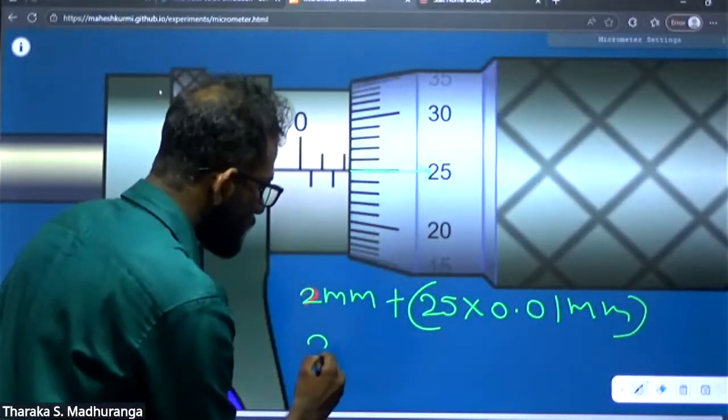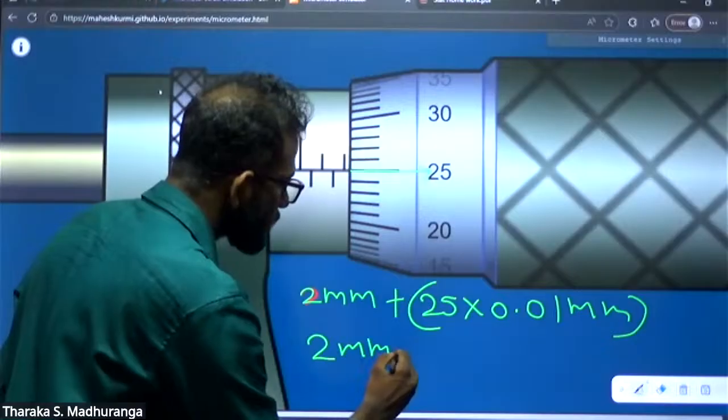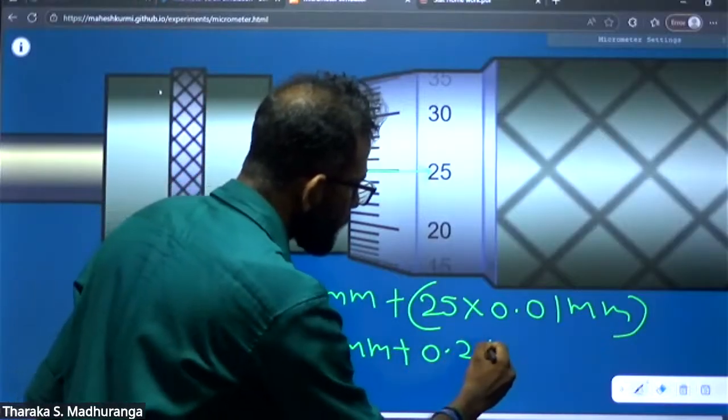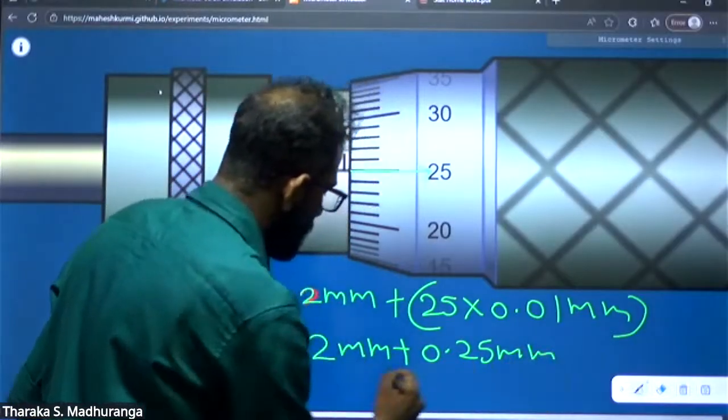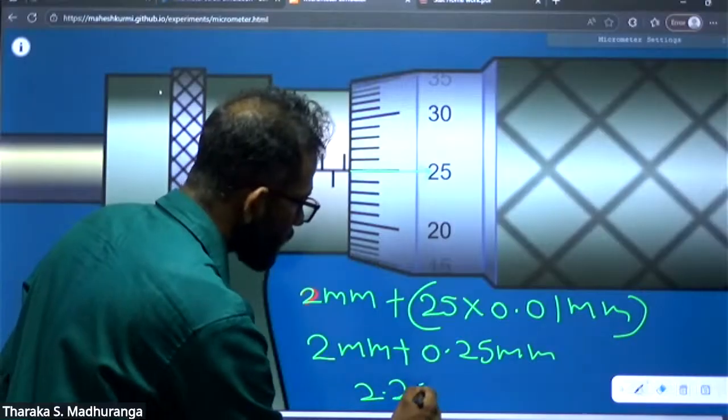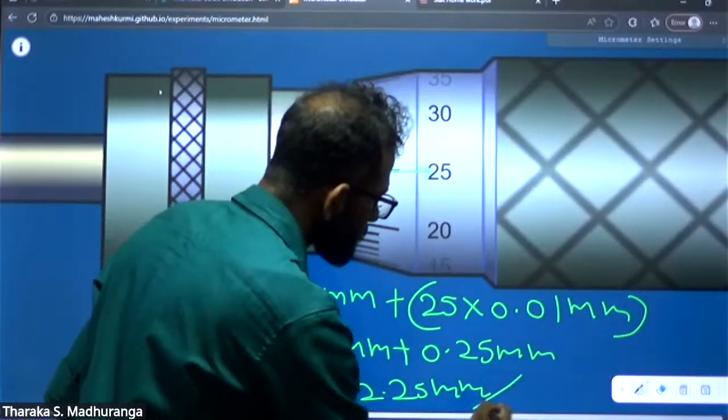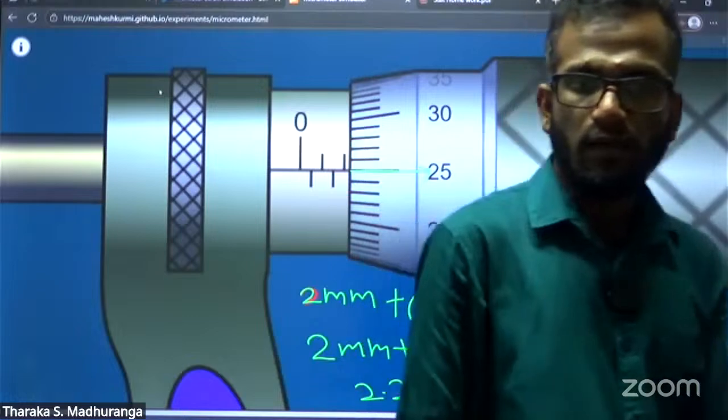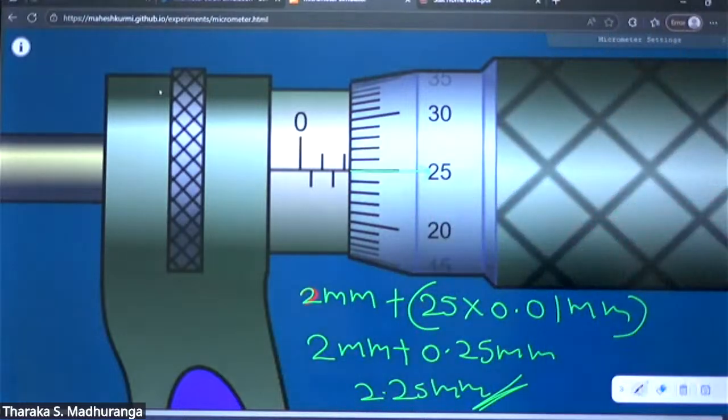Then 2 millimeter plus 0.25 millimeter. The value is 2.25 millimeter. Right? Ahmed, Sandeep, am I good?